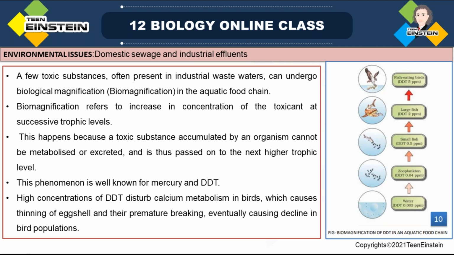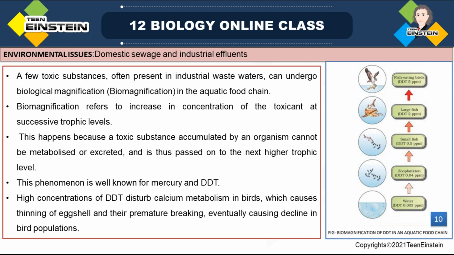So that high concentration of DDT will disturb the calcium metabolism in birds. Okay, so calcium metabolism will get disturbed in birds when the DDT concentration is increasing. So higher concentration of DDT through biomagnification disturbs calcium metabolism in birds.